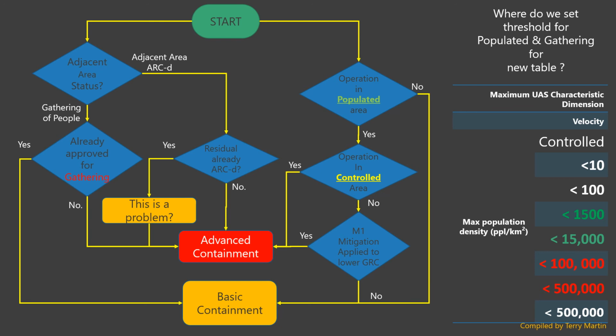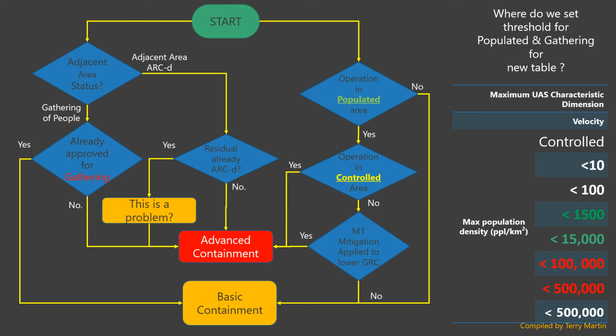And you can see that by the two streams that I've got listed there, right and left of the start sign. If you're approved to operate in a gathering, then your combination of IGRC and mitigations means you're approved to operate in the most challenging population criteria there is. So a loss of containment is not critical, and what that flows through is only an expectation for you to have basic containment.